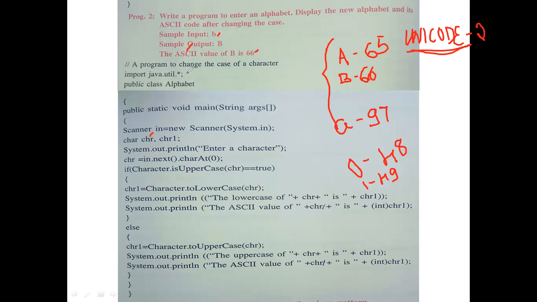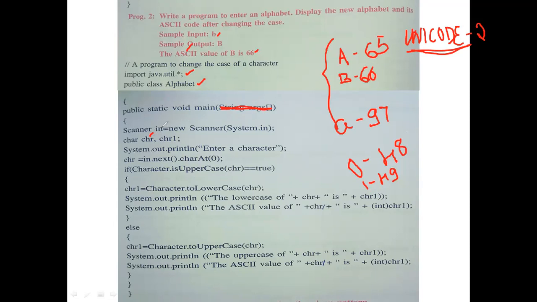Import java dot util dot star, some class name, public static void main. Actually speaking, the String args is not compulsory. If you do not write it, it still works. Just open the bracket and close the bracket. Then see, the Scanner object is there.